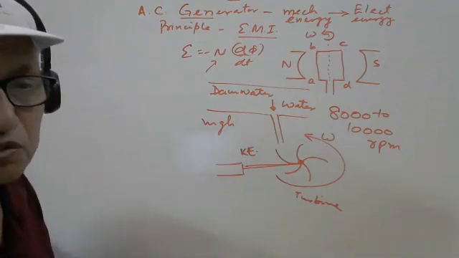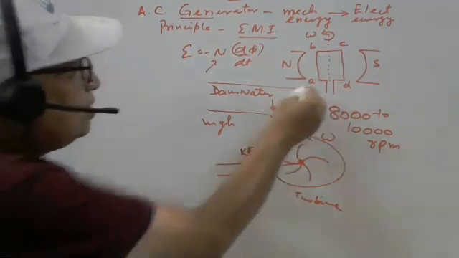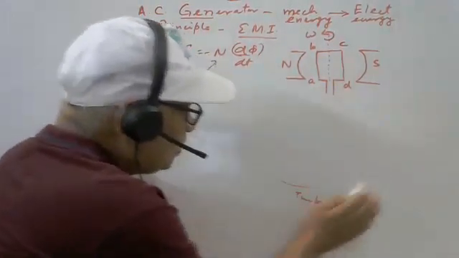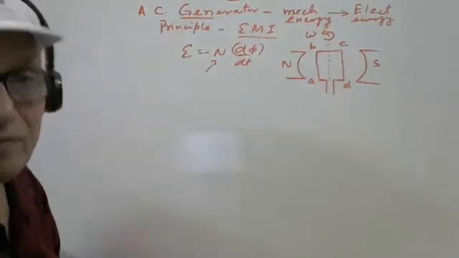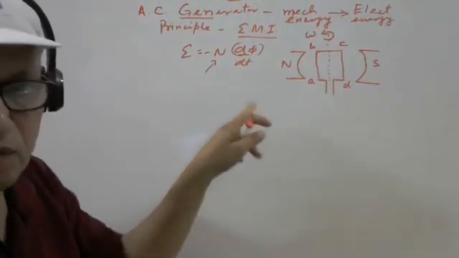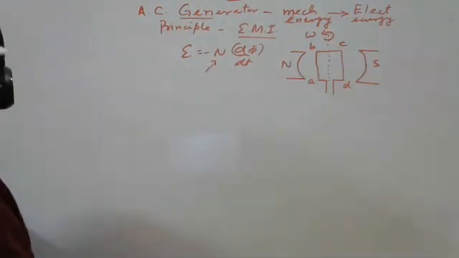It can be rotated using diesel also, and nuclear energy also. So depending upon how the turbine rotates, we name the power plant, like nuclear power plant, thermal power plant, hydroelectric power plant, or wind power plant.